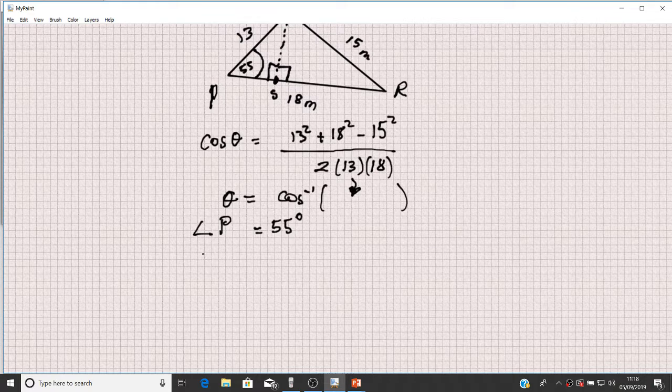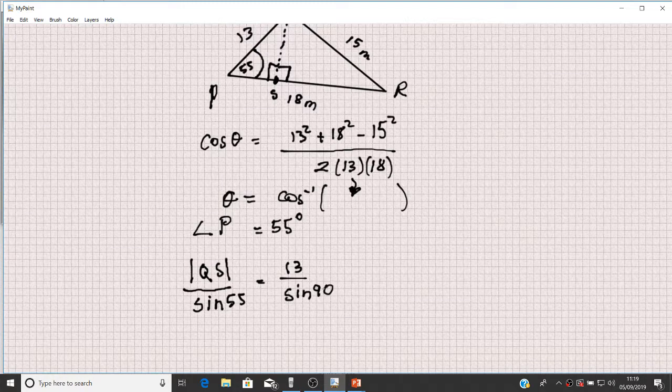So the length from, we're looking at the length QS. So the length QS is what we're looking for. So QS over sine 55, which is the angle opposite, must equal the length 13 over sine 90, the right angle degree.